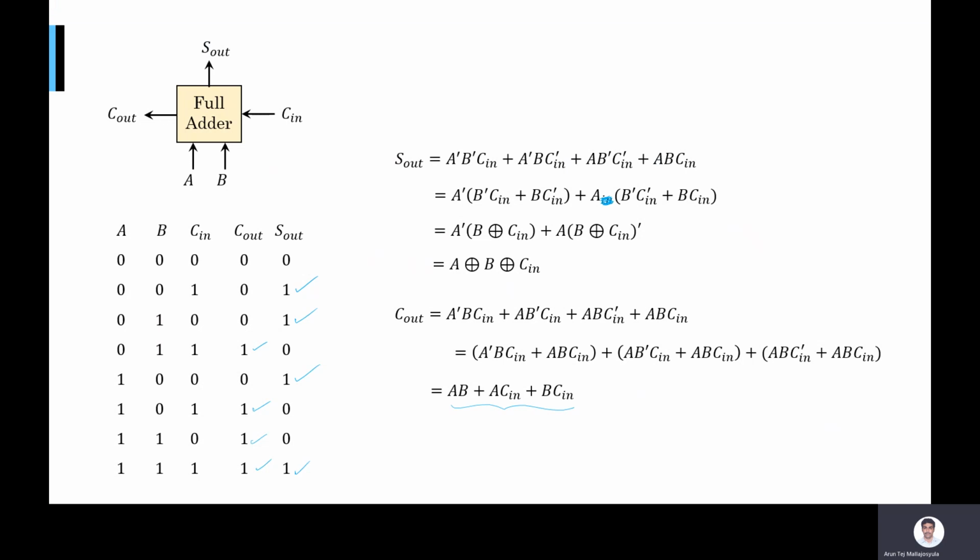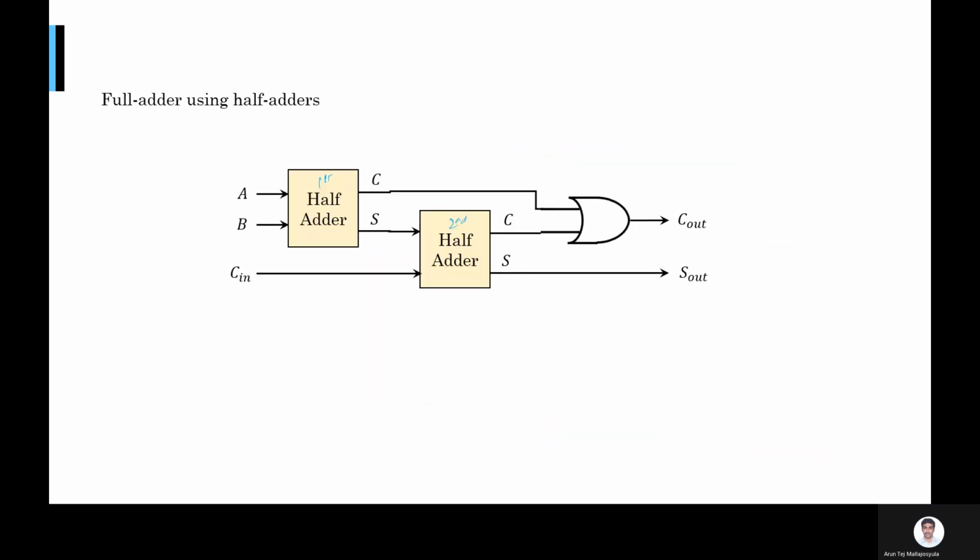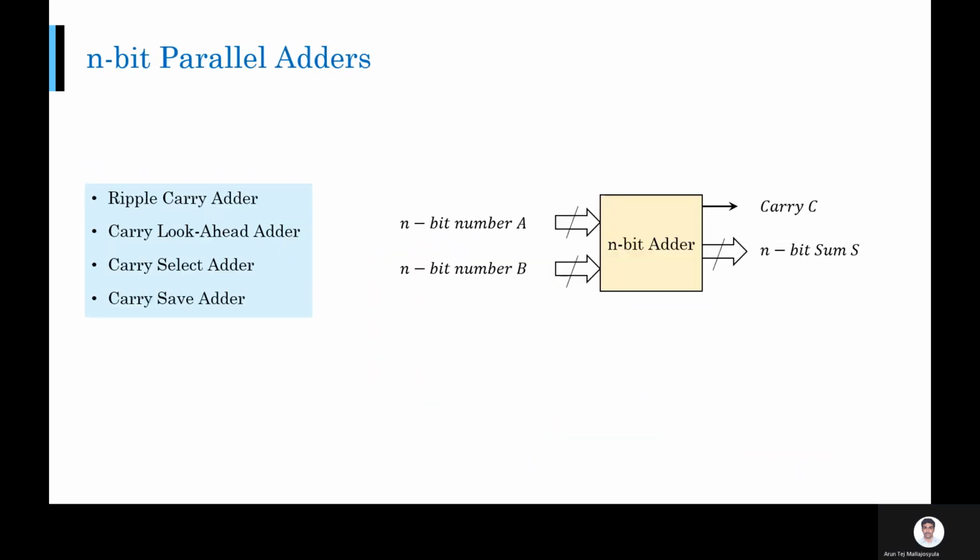So now I want to realize the full n-bit adder. Okay, so these are called n-bit parallel adders. There are various types: ripple carry adder, carry look ahead adder, carry select adder, carry save adder. We will focus on the first 2 types. So what does the n-bit adder do? It takes these two n-bit numbers A and B, adds them, and it generates an n-bit sum and the final carry.